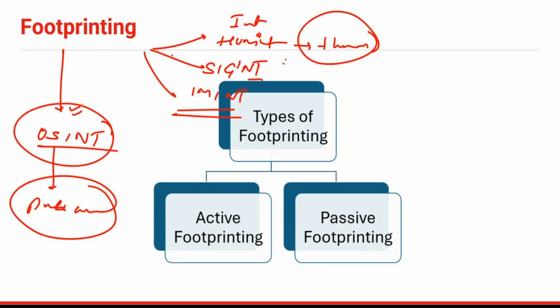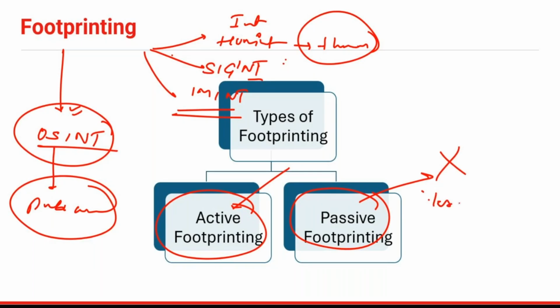And here we have two types of footprinting, active footprinting and passive footprinting. Passive footprinting is about gathering information without interacting with the target. If you're not interacting with the target, definitely we might get less information. But the advantage is that we are not alerting the target about our presence.